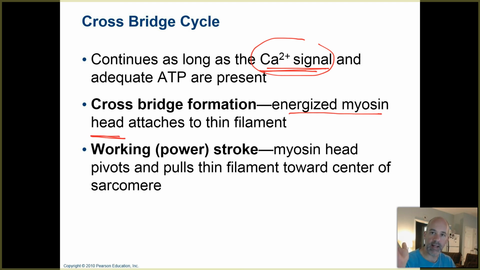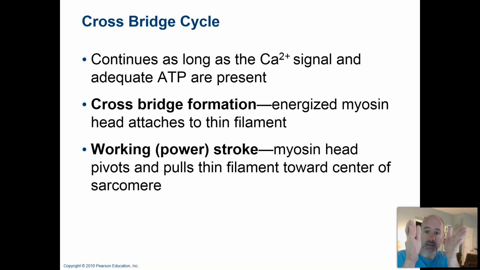Remember, it has to be cocked like a trigger and contacts actin, and then it fires or does its power stroke to allow the sliding to take place. Pulls the thin filament toward the center of the sarcomere. Again, the sarcomere is the subunit of a myofibril. A myofibril is a long chain of a bunch of these sarcomeres, these little contracting units that you have.